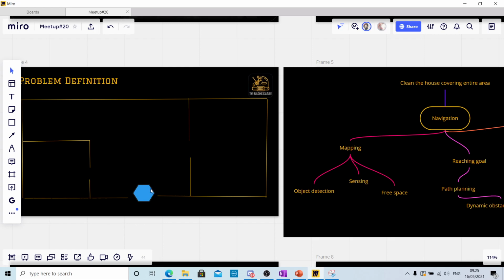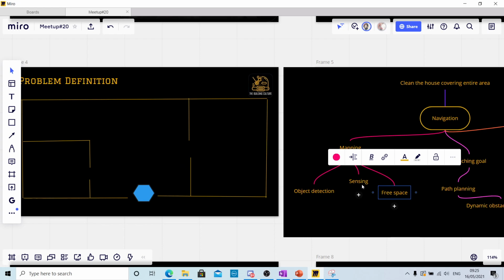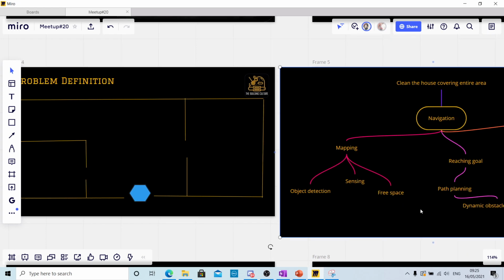It has to sense, it has to have senses like we humans have: eyes, ears, nose. I think free space would be part of sensing, right? But it's okay, let it be there.